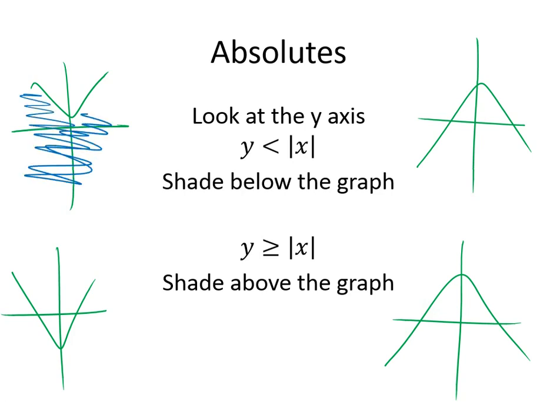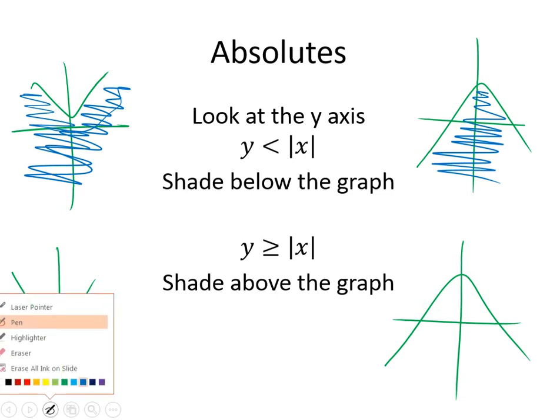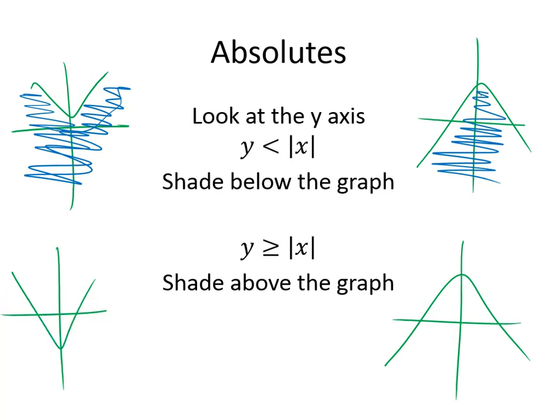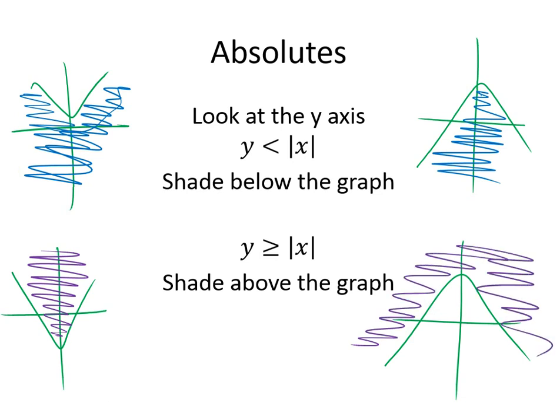So for this first graph, it's on the outside of the V, but if it's already pointing down, it's on the inside of the V. For the next one, if it's saying y is greater than, then you're going to shade above it. In this case, it was inside the V, and if it's opening down, it's outside the V. Again, to check, you just pick a point somewhere inside one of those regions and see if it works out.